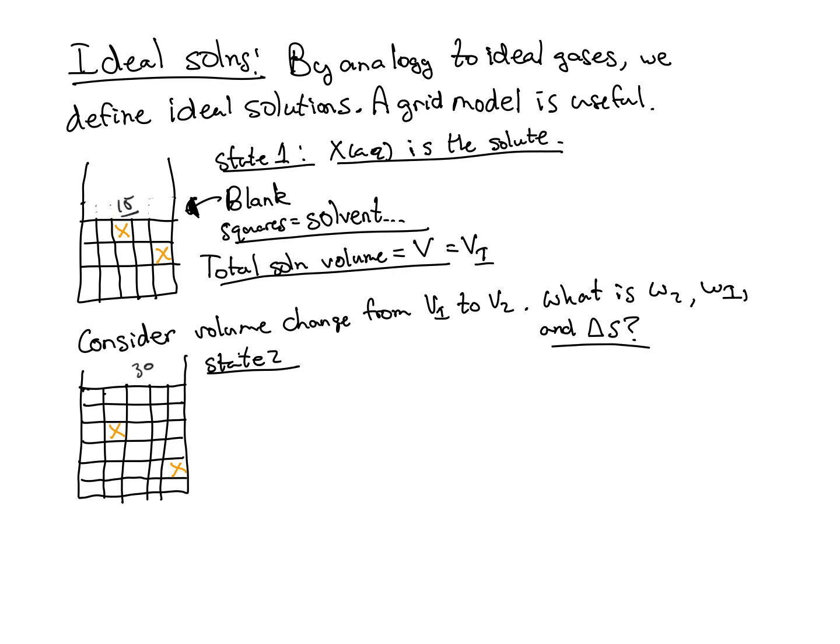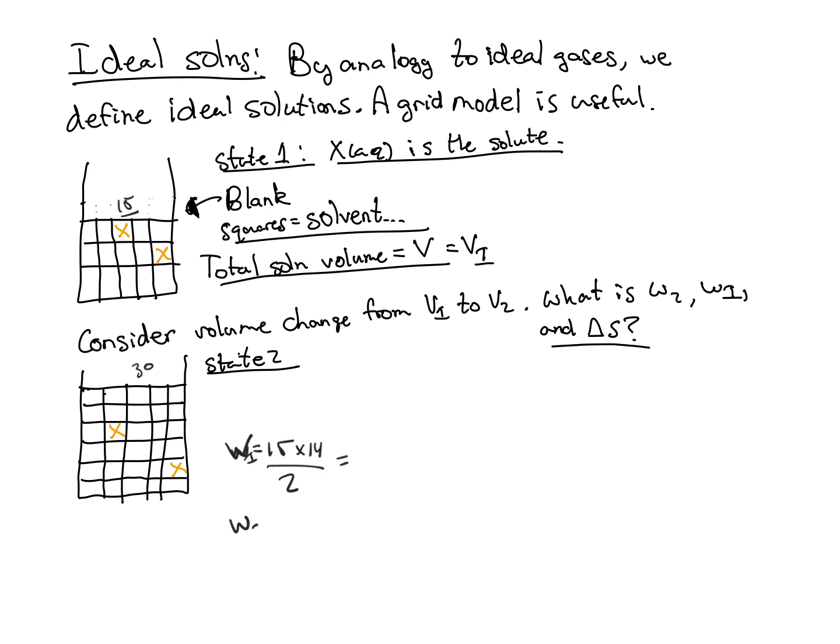In this case, I can just use my rules of probability. My total microstates would be 15 ways to put the first molecule X times 14 places to put the second molecule X, divided by 2, because it doesn't matter if I put the first one here and the second one there, or the first one there and the second one here. That's the total ways for the entire system.